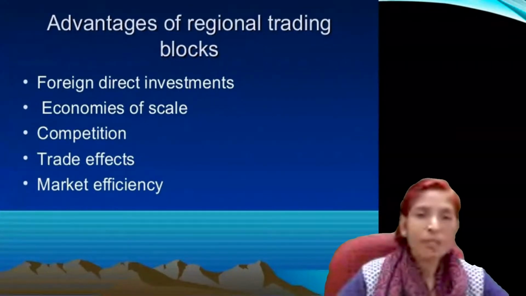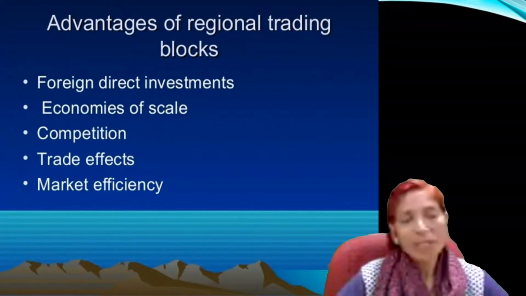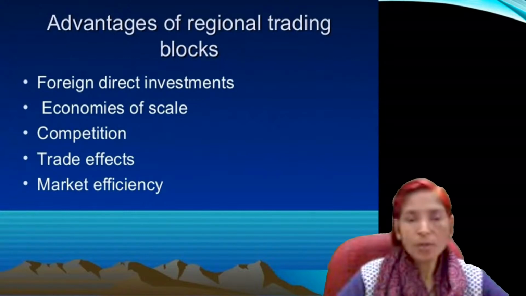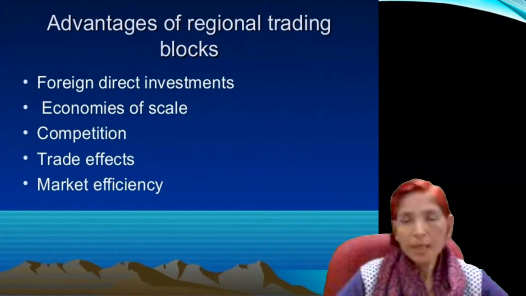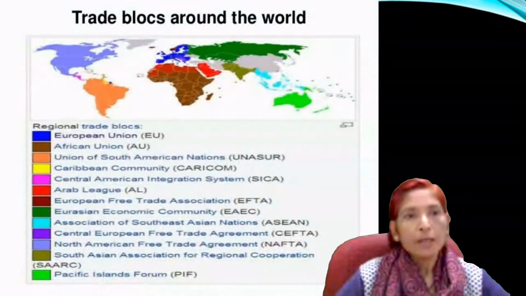Market efficiency will also exist while entering these regional trading blocks. So these are the main benefits of regional trading blocks. Number one is FDI, number two is economies of scale, number three is competition, number four is trade effects, and number five is market efficiency.